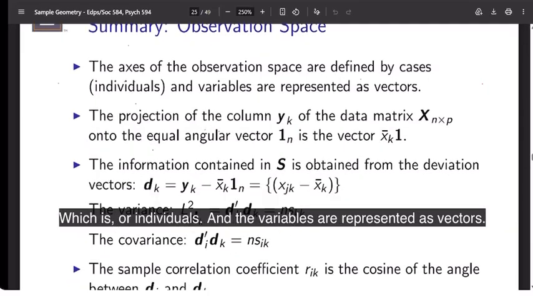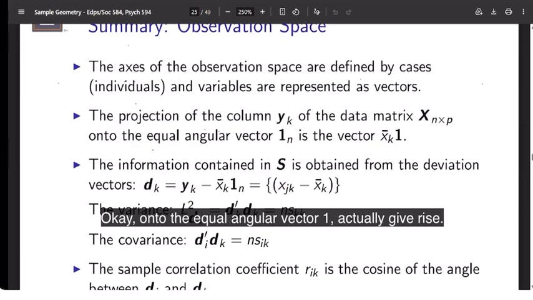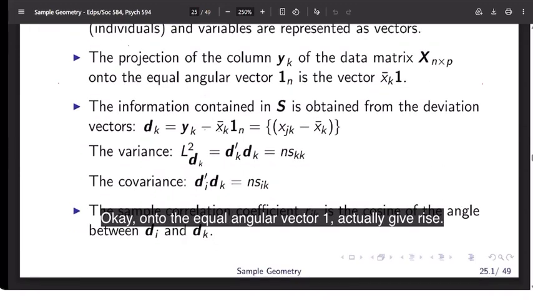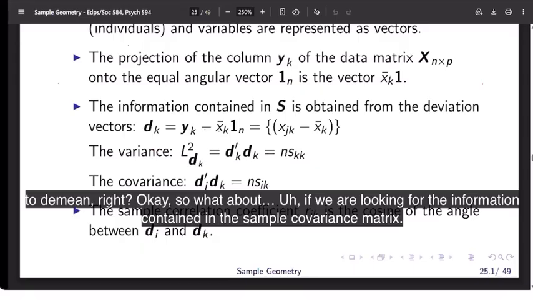I talked about the projection of the data onto the equal angular vector 1, which gives rise to the mean. What about the information contained in the sample covariance matrix? We can obtain that from the deviation vector.